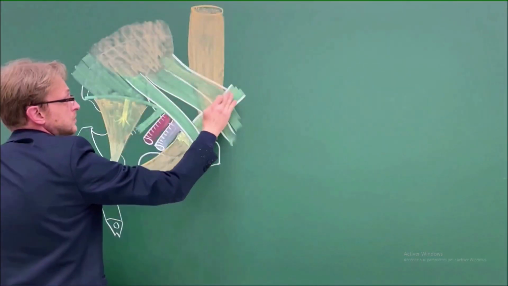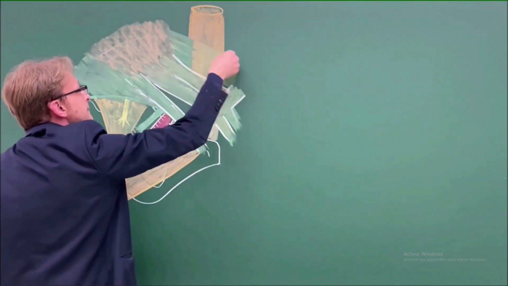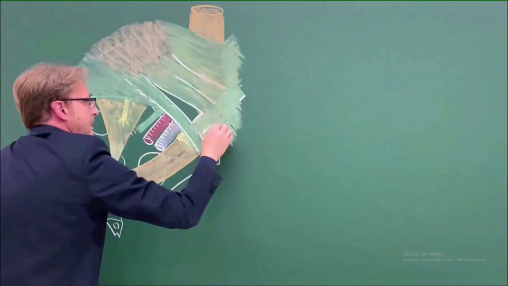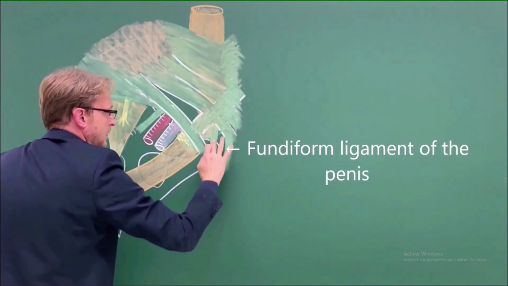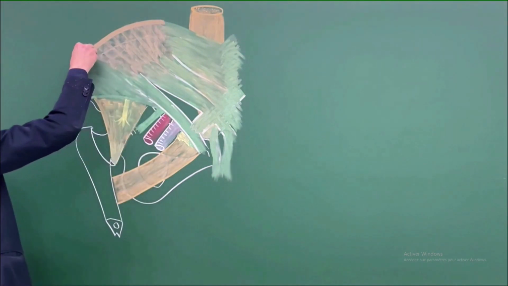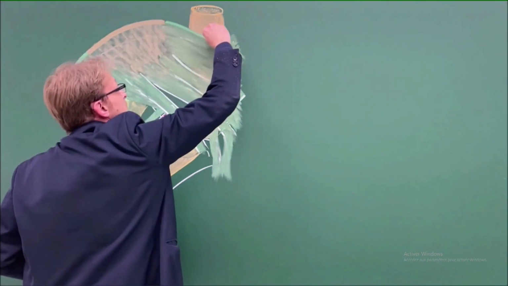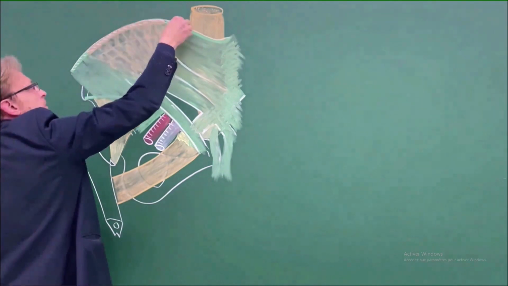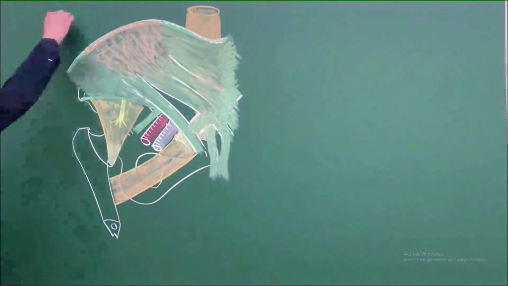The aponeurotic part of this muscle is forming, of course, the anterior rectus sheath, but also the linea alba, right here. The linea alba is followed by the fundiform ligament of the penis, just here. And we will cut this external oblique muscle at the level of the umbilicus, just here. So this muscle is cut.